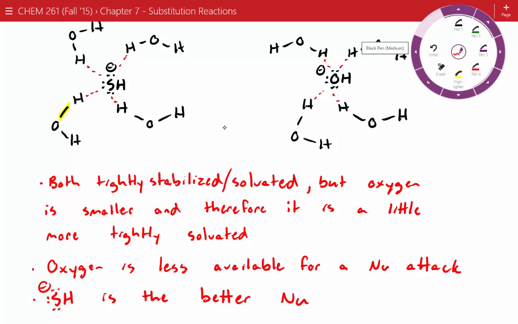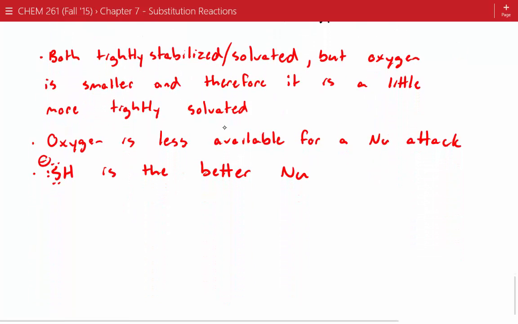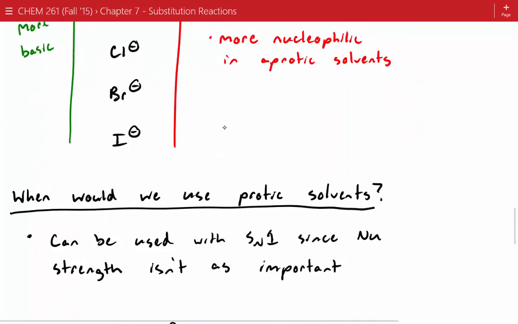Okay, so let's make another list again, just like we did before with fluoride, chloride, bromide, iodide. But let's do this for a different column in the periodic table. Here, let me make sure I'm writing it the same way.